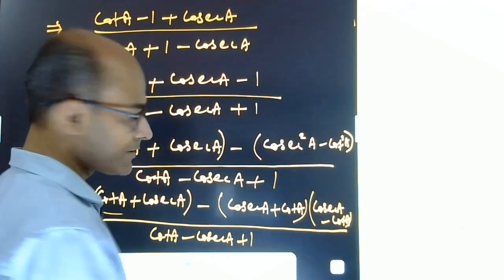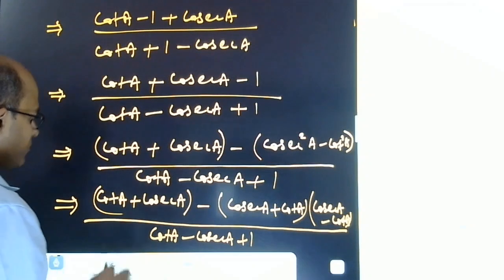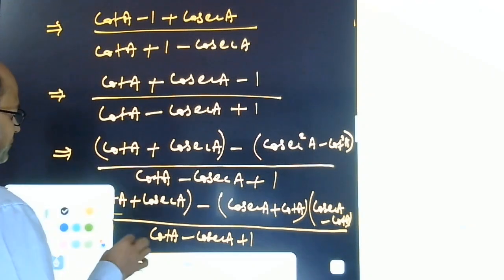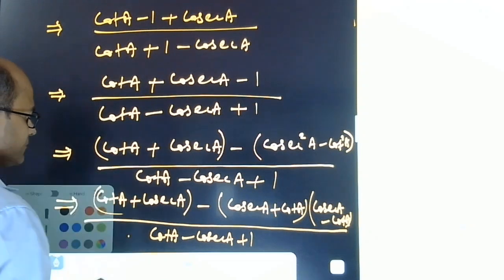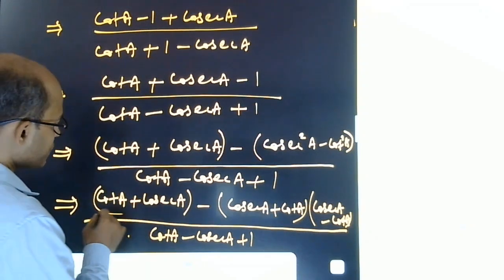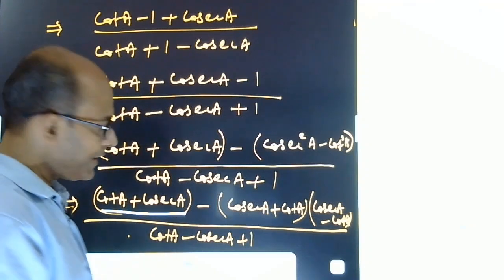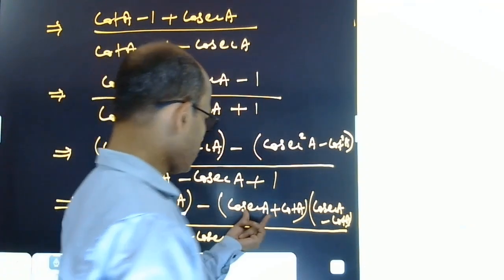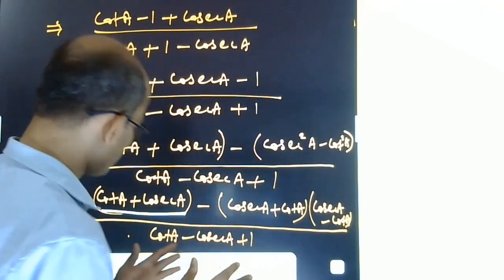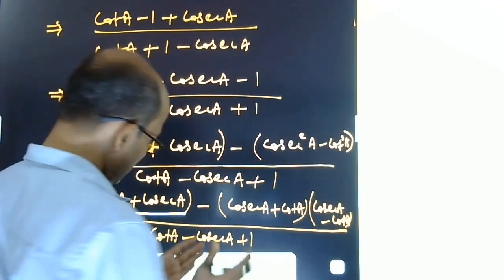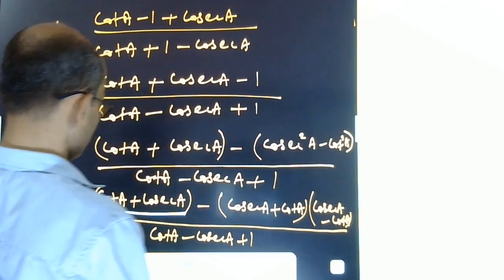Okay, understanding what I want to say? And right now we can see one thing very clearly: in cot A plus cosec A, and here also cot A plus cosec A, this has become common. So we are required to take it as a common factor outside.